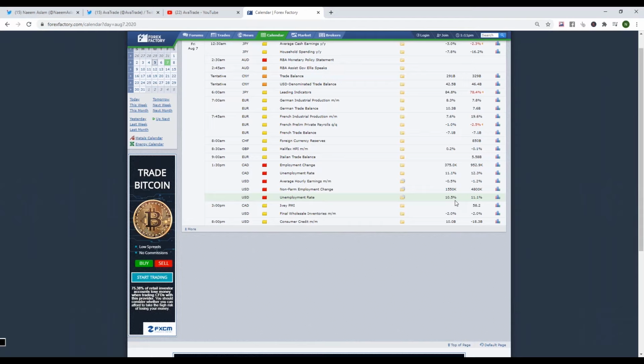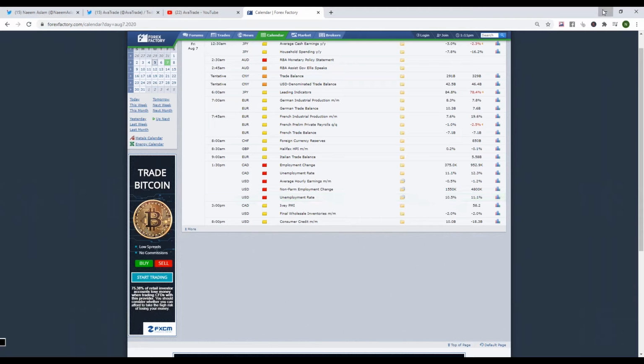Now it is trending to the downside. We have had 2 or 3 months of consistent downward readings for this one, and if today's number also comes in better, then obviously this is going to gel really well.